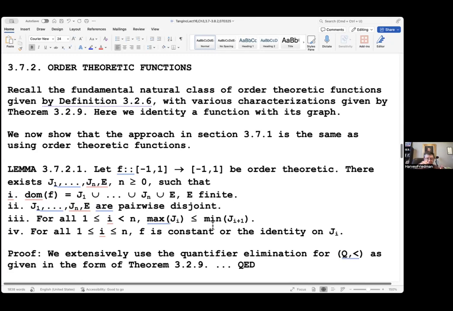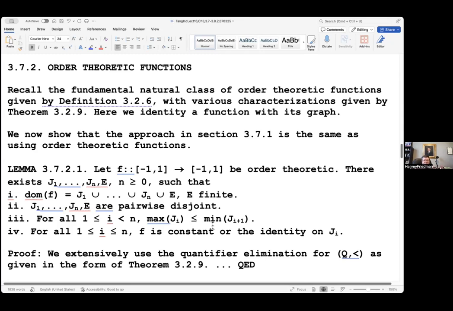In other words, the intervals are moving to the right. And the function F is constant or the identity on each Ji. So this is a basic theorem.